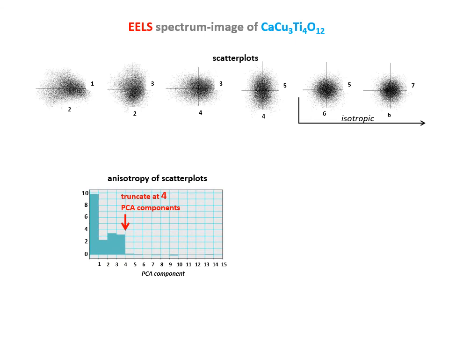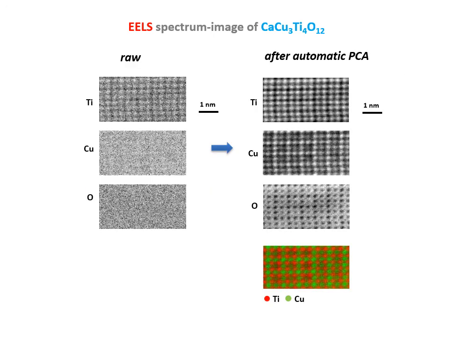But from the anisotropy plot, it's quite clear that we must truncate at 4 principal components, and the automatic algorithm is doing exactly that. Then we get quite impressive improvement of atomic elemental maps. Copper is seen quite nicely, and we even see something from the oxygen lattice.